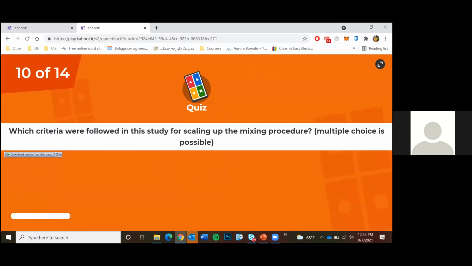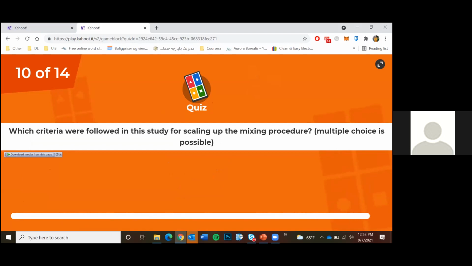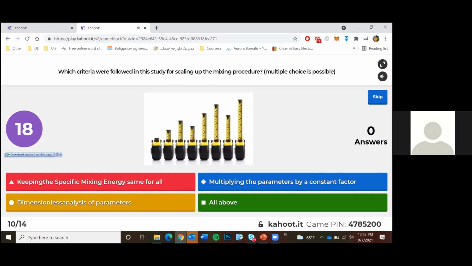You can select multiple choices in this one. Which criteria did I follow in the scaling up of the mixing process? Keeping the SME same, multiplying all parameters by a constant factor, dimensionless analysis, all of them.